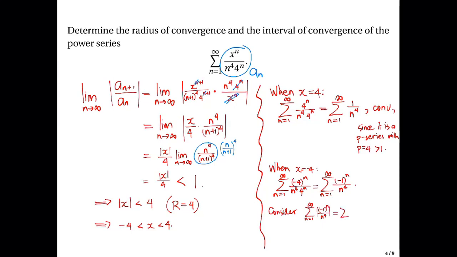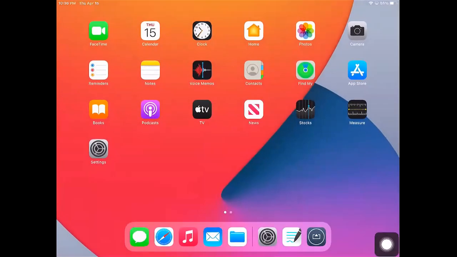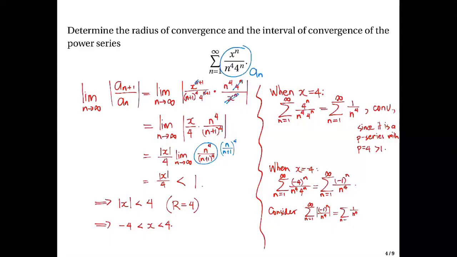This is just the series 1 over n to the 4, from 1 up to plus infinity, which is convergent, same as above.